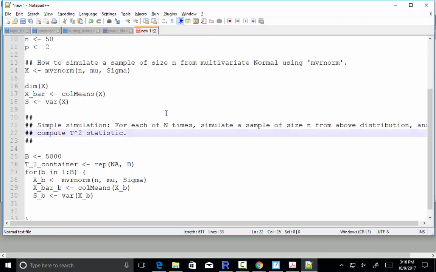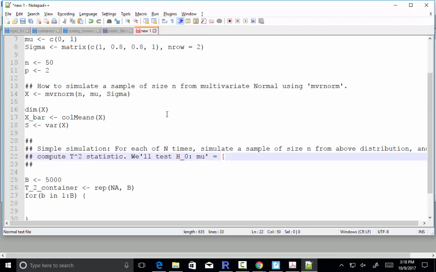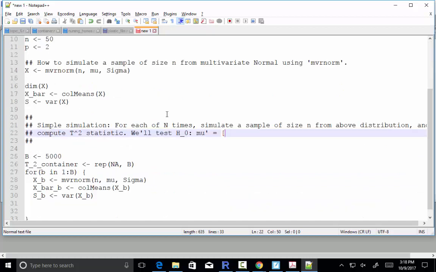And now I'm going to compute the t-squared statistic. We will test the null hypothesis that mu equals 0, 1. So in this simulation, the null hypothesis is true. The real population mean is 0, 1.